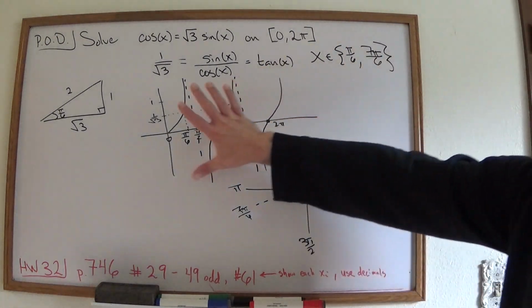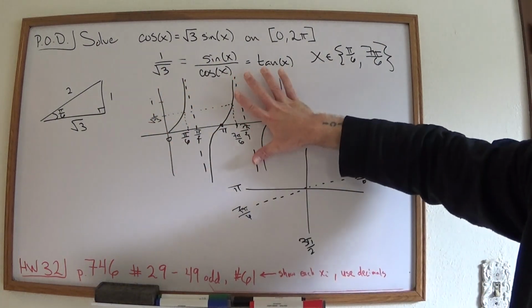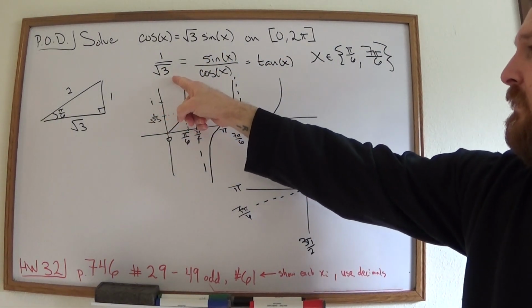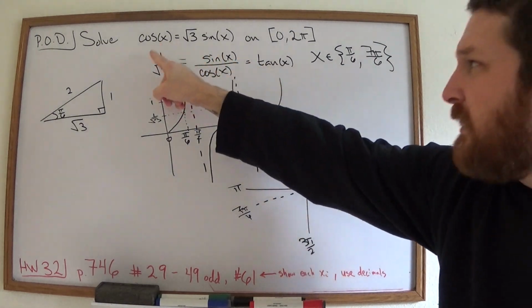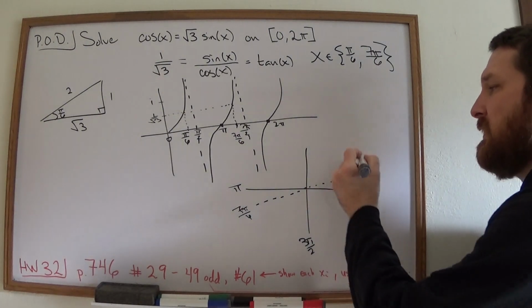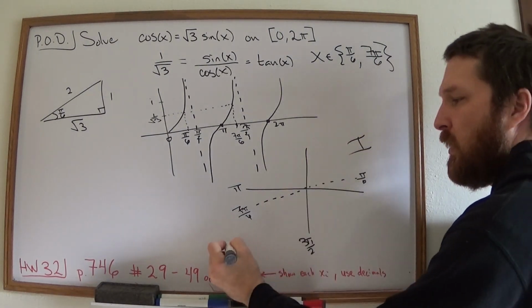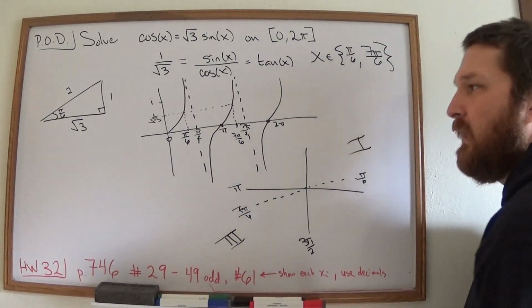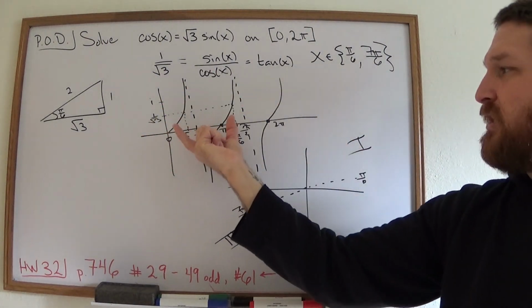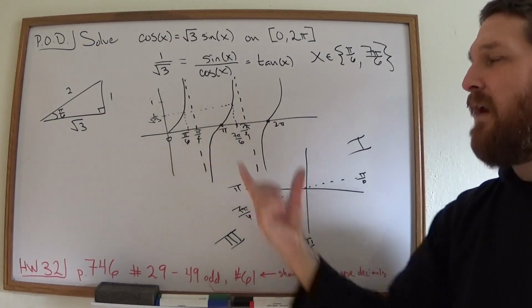Another way, if you don't like doing it this way, you could say, well, hold up, tangent is positive. I know that tangent is positive, because 1 divided by square root of 3 is a positive number. And you could say, I know that tangent is positive in quadrant 1 and in quadrant 3, and so on and so forth. That's another way you could reason to get the same information that I got by actually graphing it.